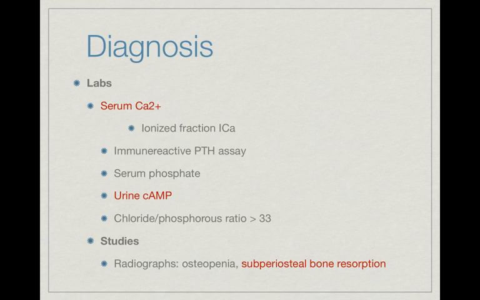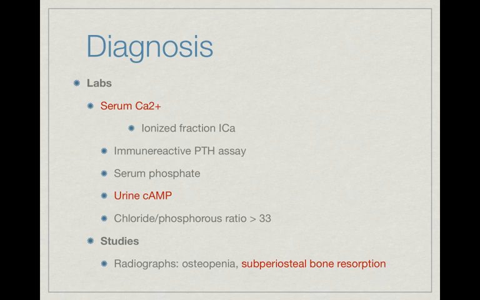So if you recall from the basic science days, PTH is a hormone that signals through a second messenger, cyclic AMP. So PTH on its target cells, such as the renal cortex cells or the osteoclasts, signals through cyclic AMP. And so you can actually see elevated levels of cyclic AMP in the urine, which can be diagnostic for hyper-PTH. Also, chloride to phosphorus ratio of greater than 33.